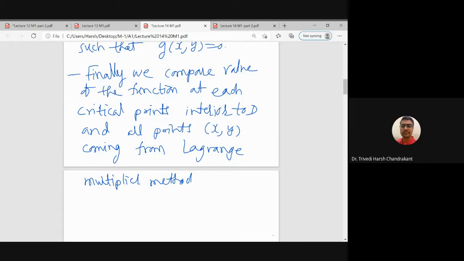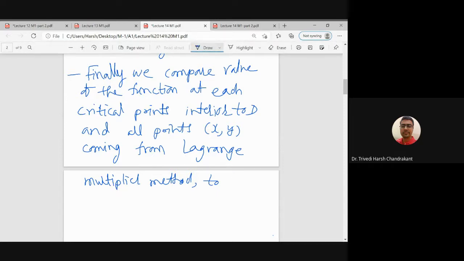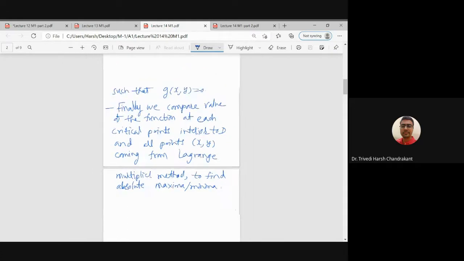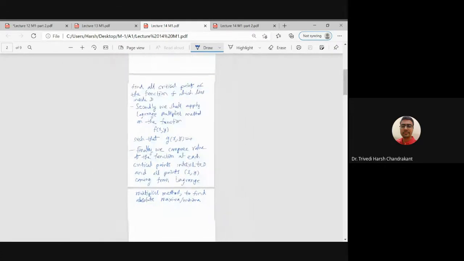We find the value of the function at them, and we compare the values to find the absolute maximum and minimum. So essentially this is the method.